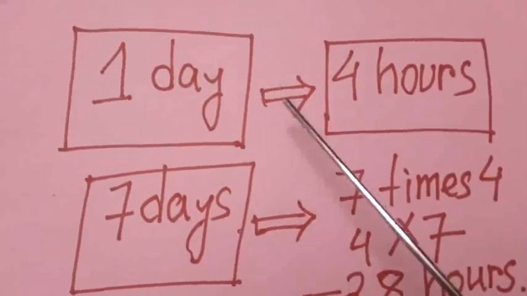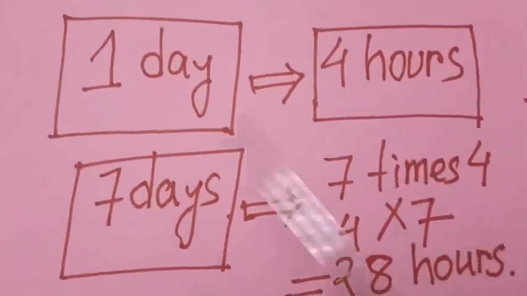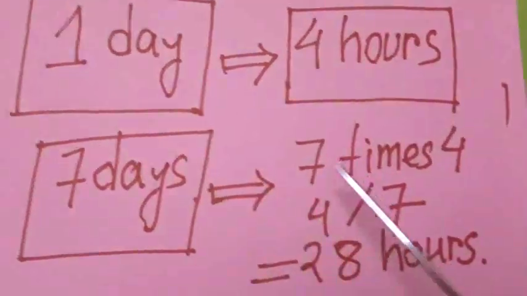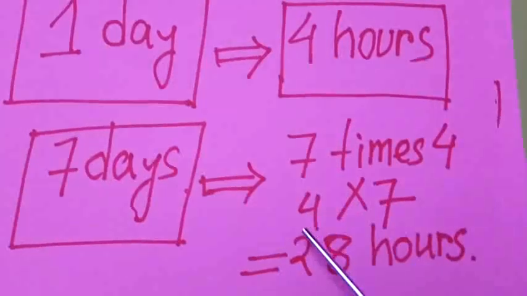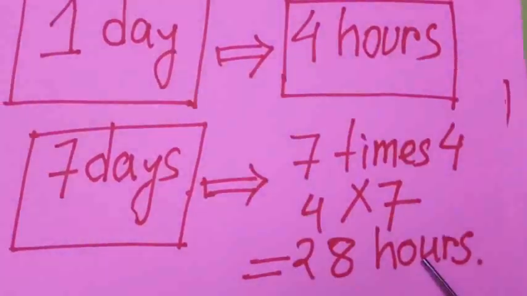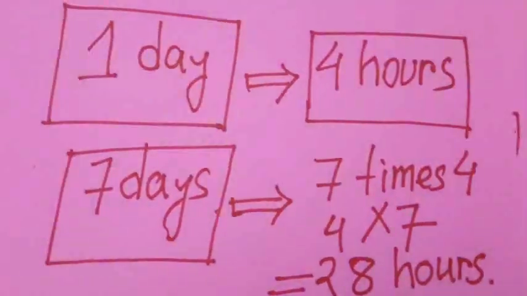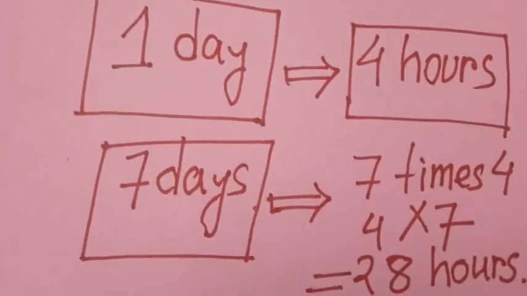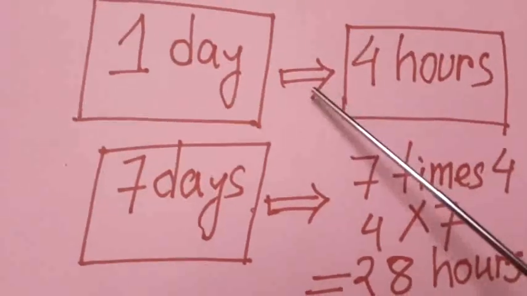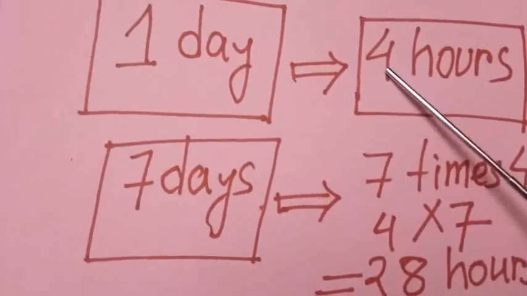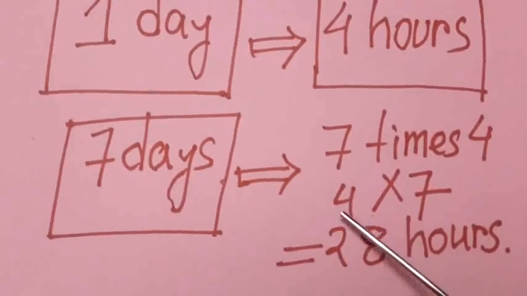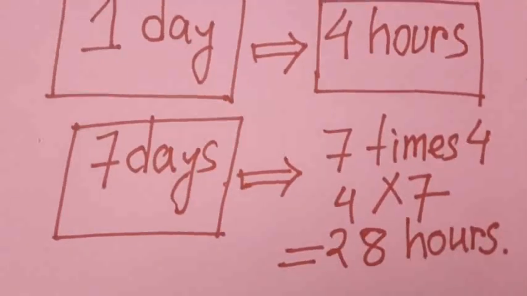One day 4 hours, and in 7 days 7 times 4. 7 times 4 means 4 multiplied by 7, 28 hours. First line, in one day she reads 4 hours, then in 7 days she reads 28 hours.